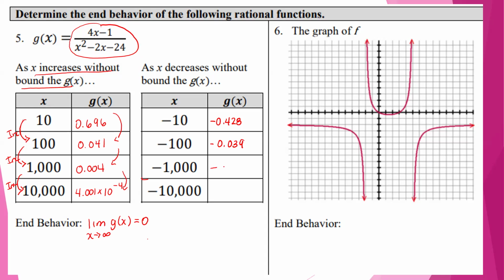Aaron, what did you get for 1,000? It's negative, right? Or is it positive? Who did 1,000? Anybody else do 1,000? What do we get for 1,000, Tony? Was it negative or positive?